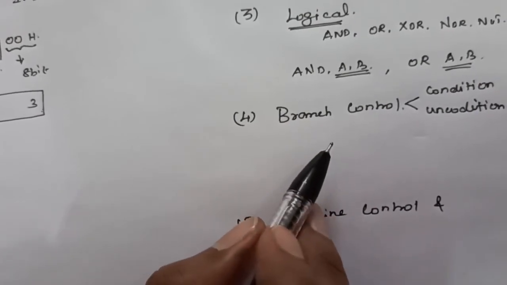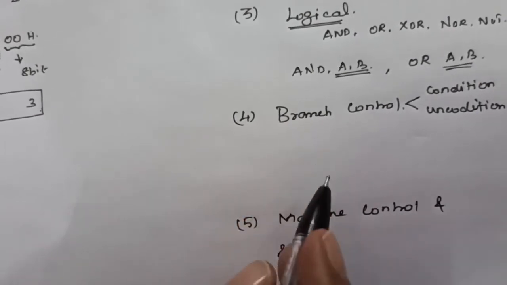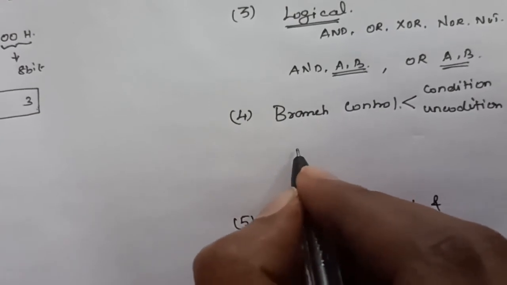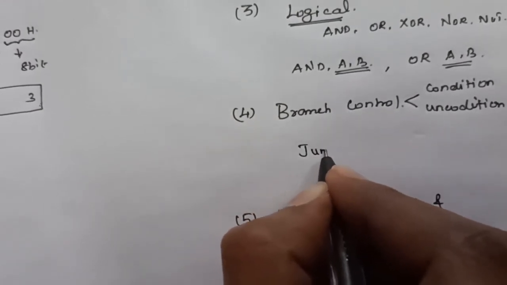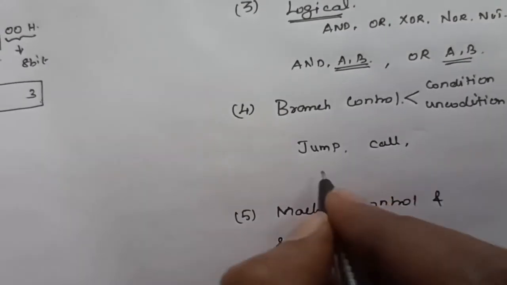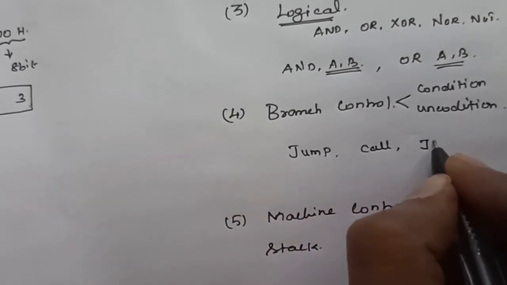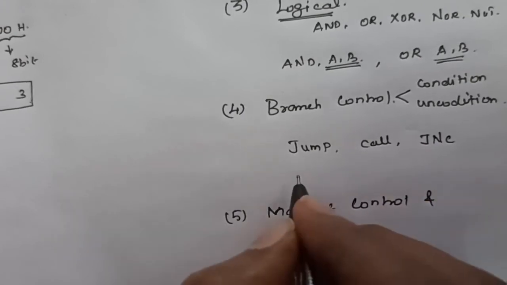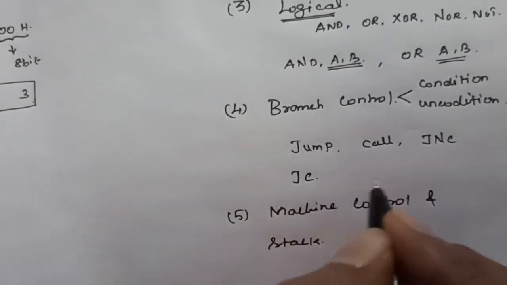In this group of instructions, for example, you can write JUMP, CALL, JNC, jump on no carry, jump on carry.